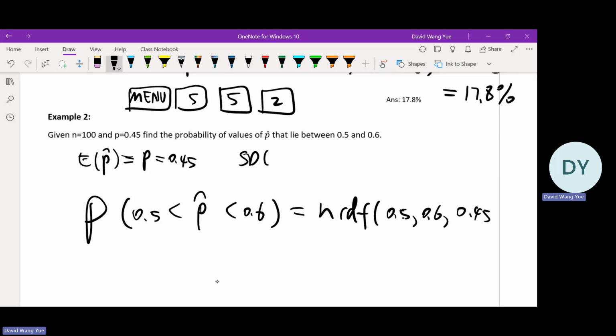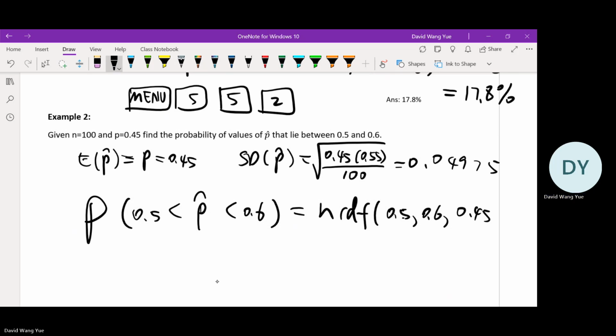And then the standard deviation of p hat, once again, is the square root of p times 1 minus p over the sample size, which is 0.04975.